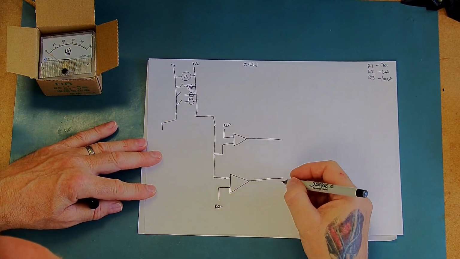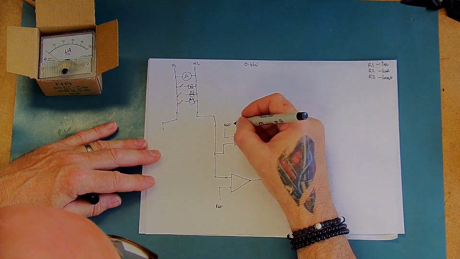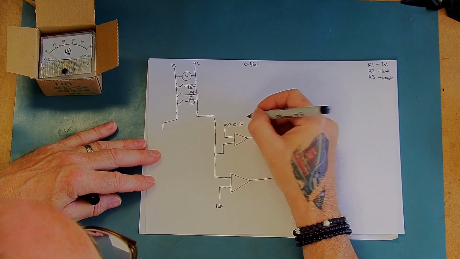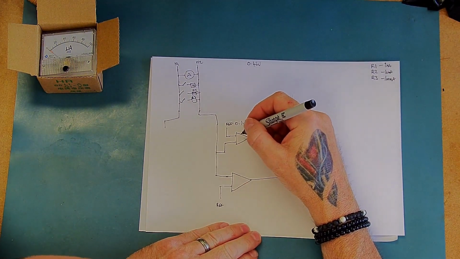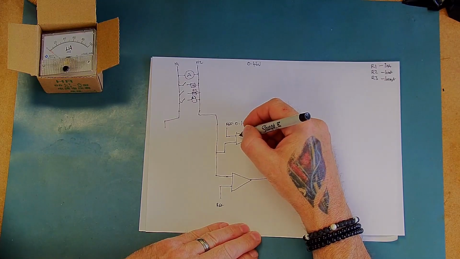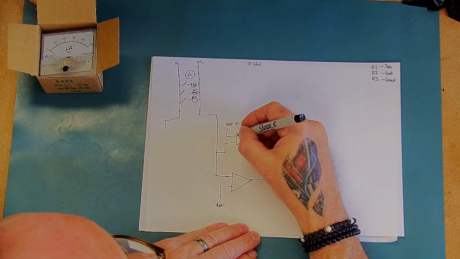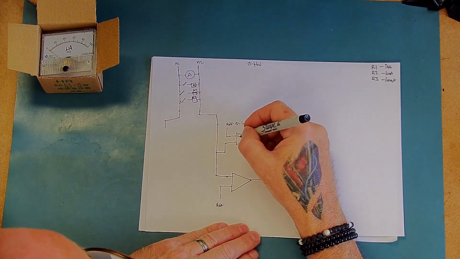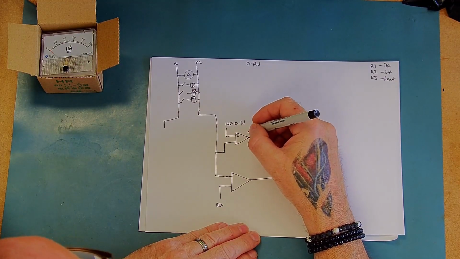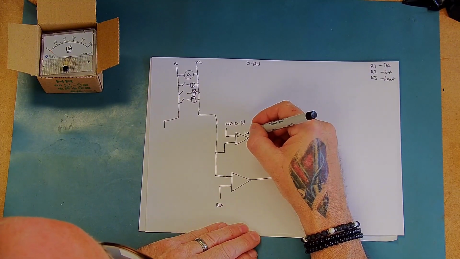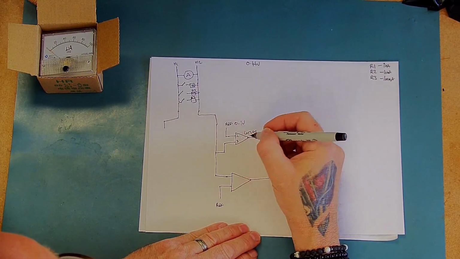Then the output of those comparators will, so if we set our reference here to, for example, 0.1 volts, and we have the reference voltage on this one going into pin 2, and let's take a common comparator, the LM393, and then we have the input going into pin 3.